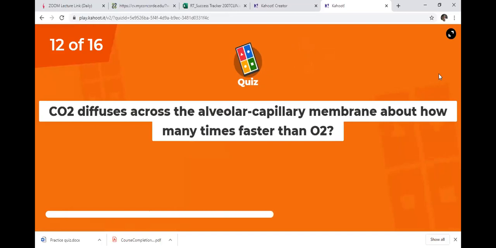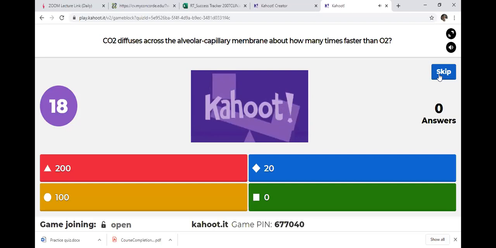Carbon dioxide diffuses across the alveolar capillary membrane about how many times faster than oxygen? Remember we talked about carbon dioxide and carbon monoxide. They both diffuse faster than oxygen.